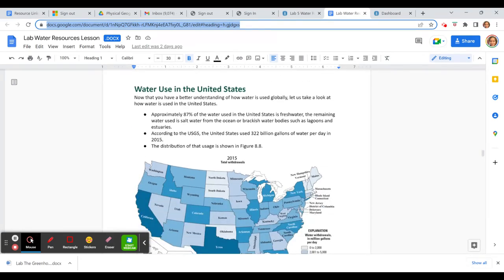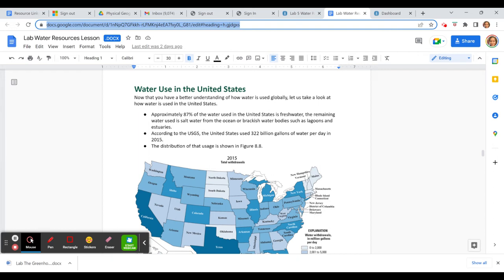Now, let's try to focus on water use in the United States. If in the United States we're the population that uses the most water per person on Earth, what are we doing? Let's take a look at how we use water in the United States. So 87% of the water used in the United States is fresh water. The remaining water used is salt water from the ocean.